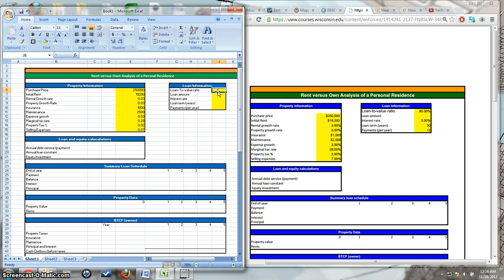And loan to value. I'm just going to go ahead, click the first one, control click the other ones. That should be dollar values. Go ahead, go up, dollar values.